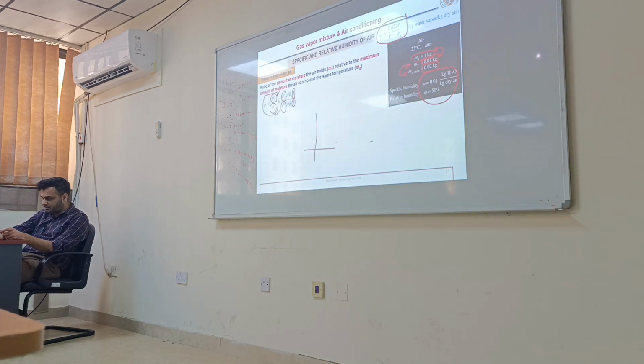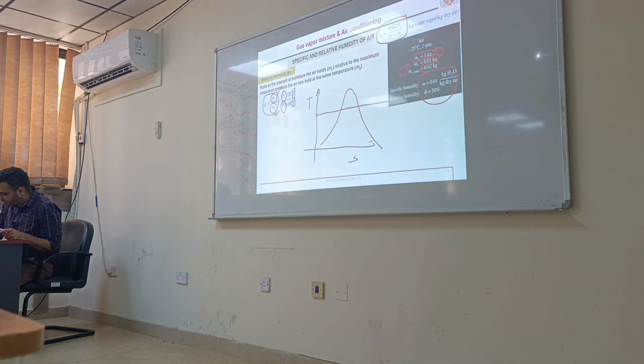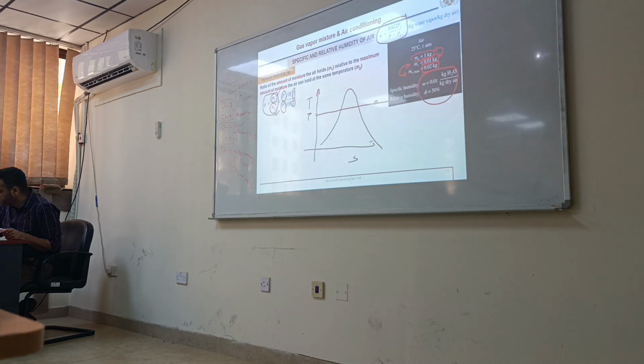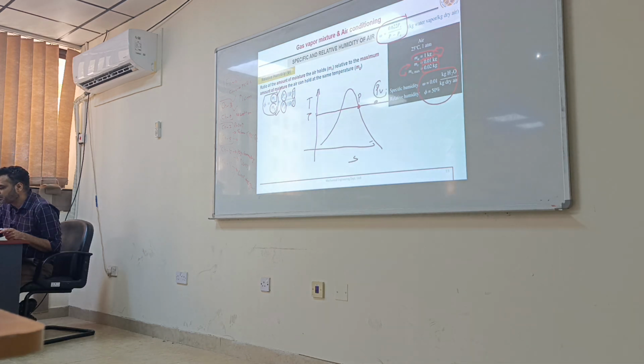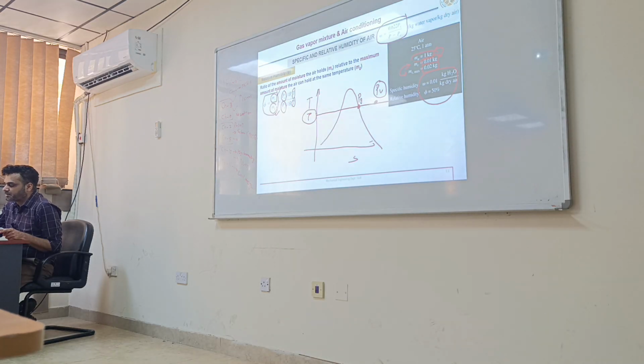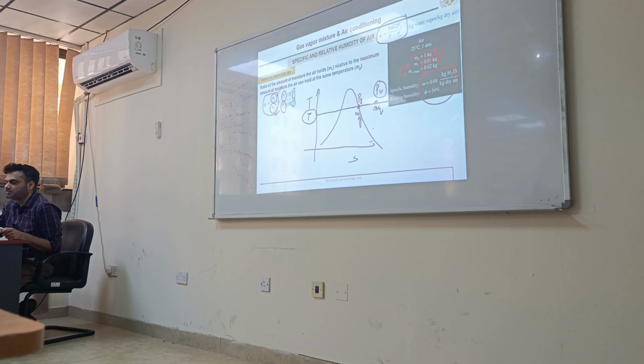What does this mean here? For the same temperature T, this PV represents this point, and this point represents the maximum at that temperature. So this is PV, and mass of water vapor here and mass of water vapor here.